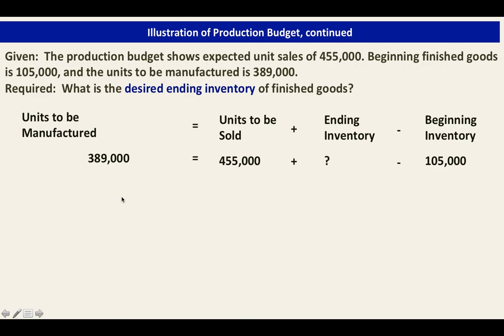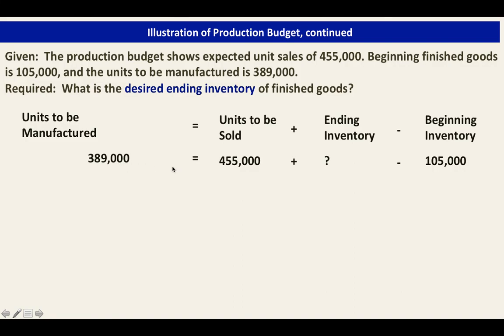To use the transposition, all those with given amounts, we have to transpose it to this side, like 389. If we are transposing, we will change the sign. Here in this case, it is positive 455. So when we transpose it on the other side, it will be negative.